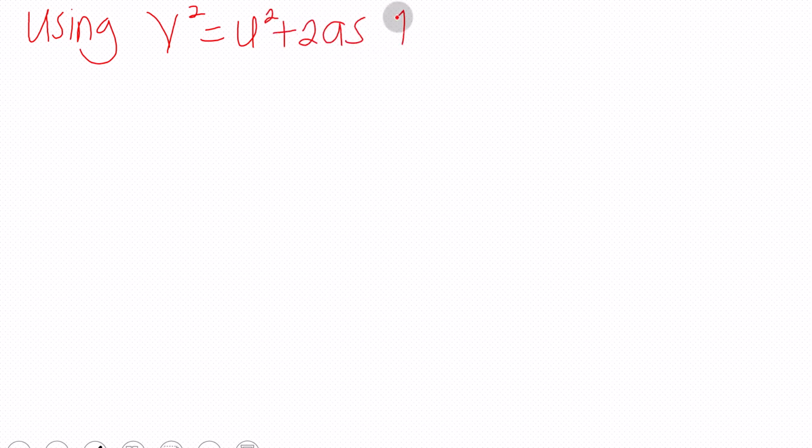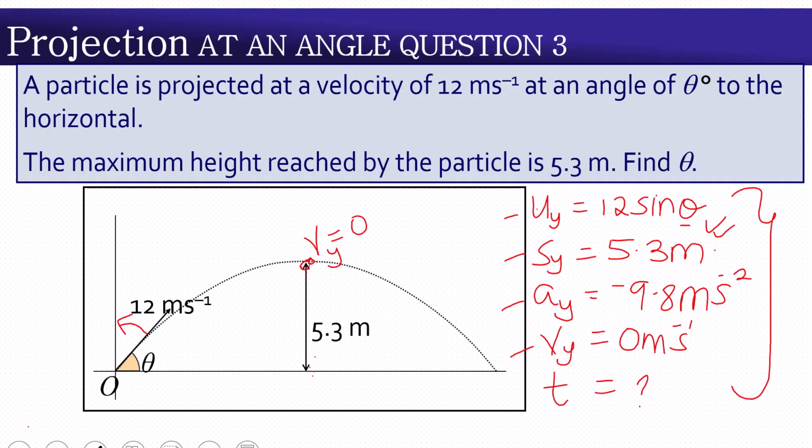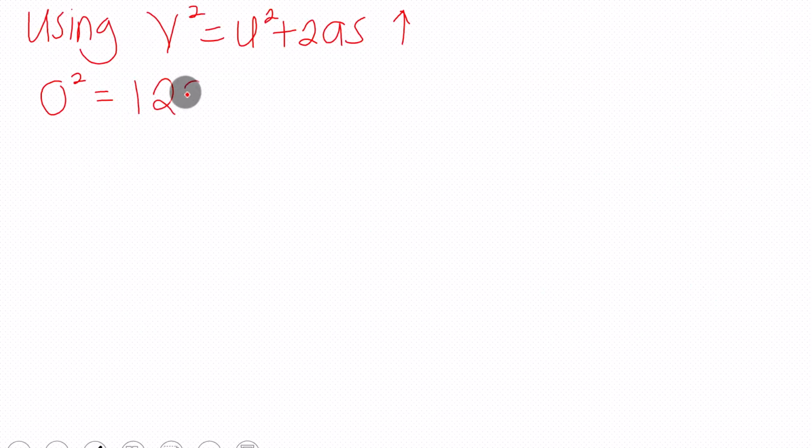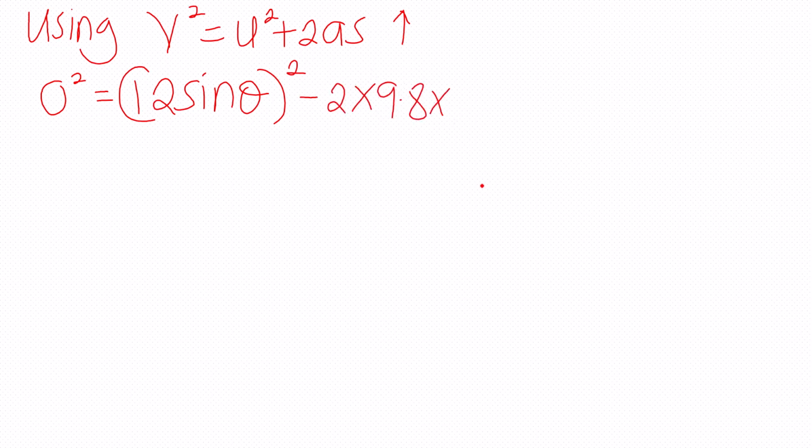So using v squared is equal to u squared plus 2as, and considering vertical motion, I know that my velocity at the maximum height is 0 squared equal to u squared, which was our u is 12, then sine of theta, and this whole thing is squared, then minus 2 times 9.8 times h, which is 5.3.